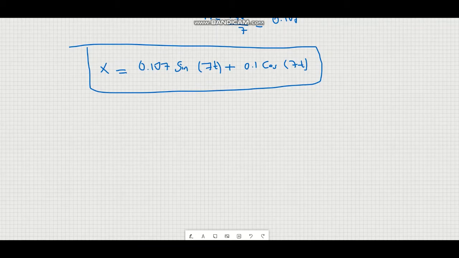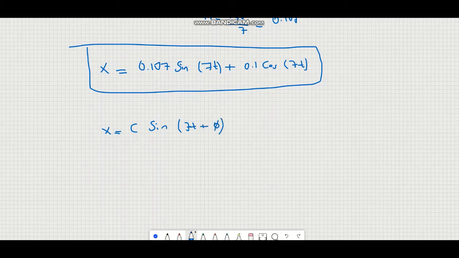So this equation for displacement, we can write it in the form x is equal to C sine of 7t plus the phase angle.